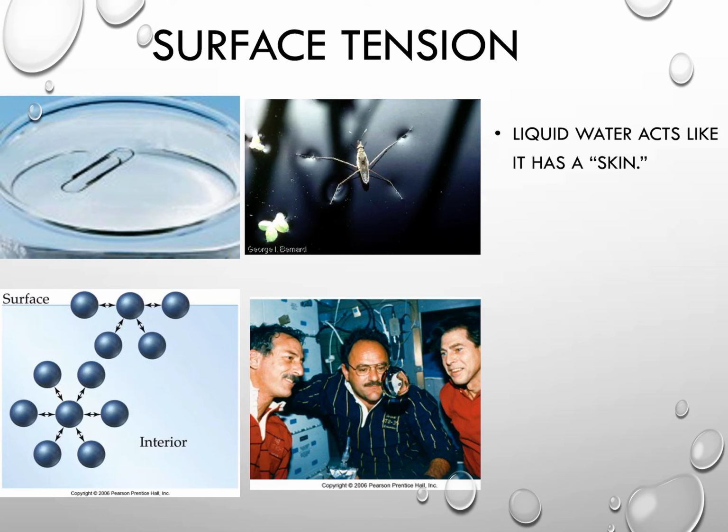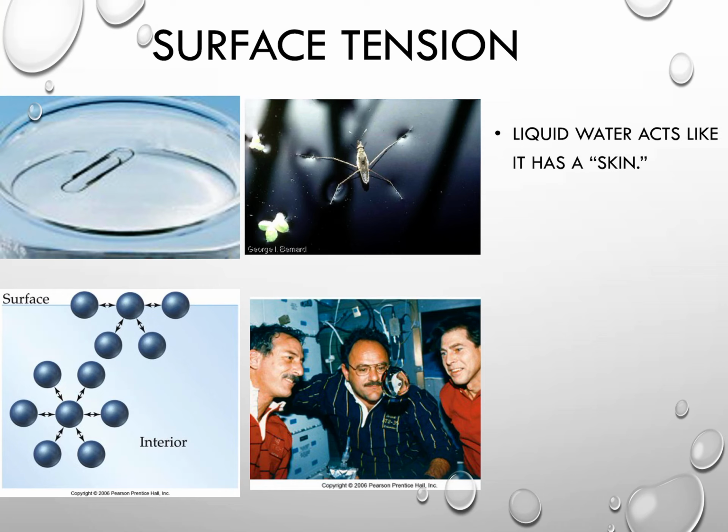Here's a little bit more. With this first one, you can float a paper clip on some water, and the reason for that is that the weight of the paper clip is not enough to break the surface tension of the water. The water molecules are still being attracted to each other, and the weight of the paper clip is not enough to break that attraction and sink below the surface, so instead it floats on the top.